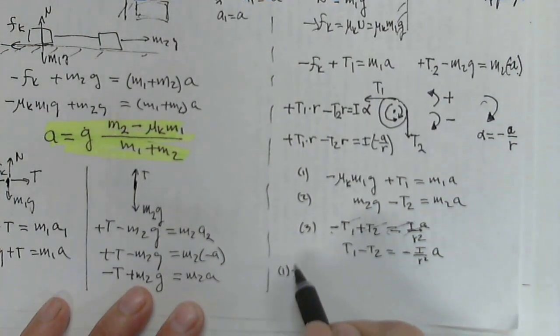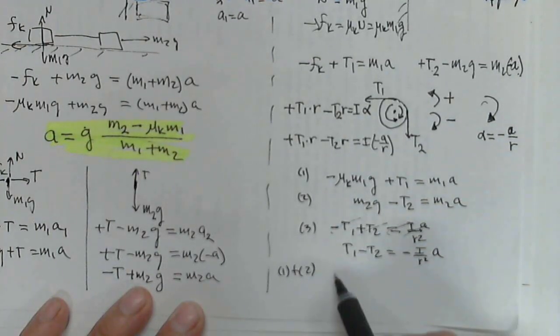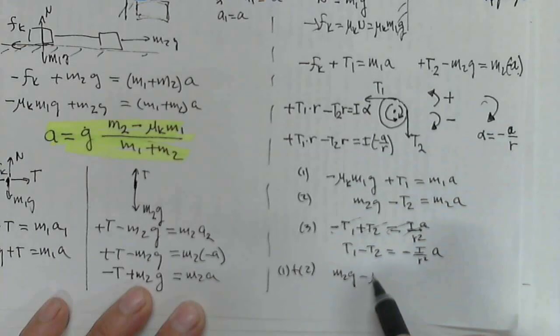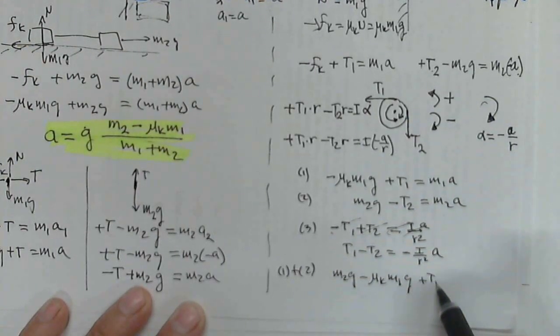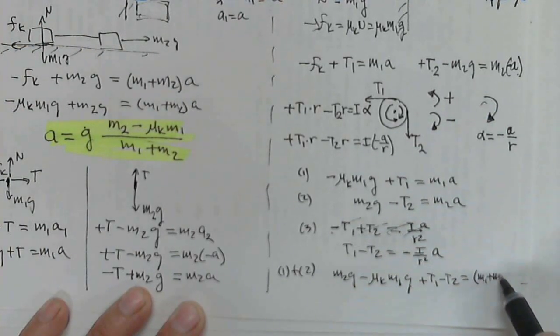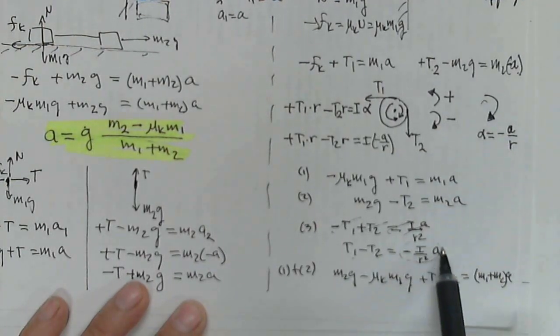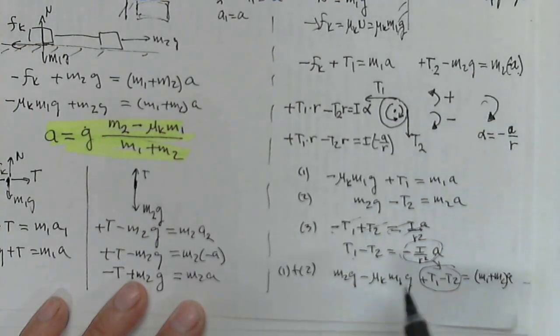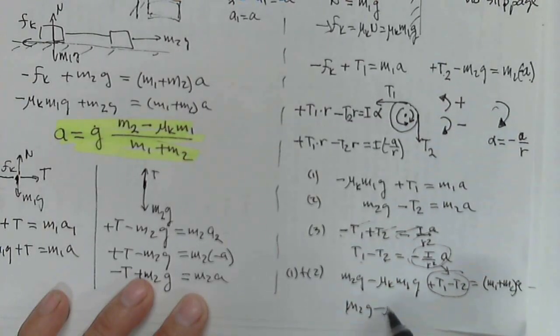So 1 plus 2 is going to be, I'm putting the positive number first and then the negative. But T1 minus T2 is this. So I'm going to put this over here. And I get M2G.